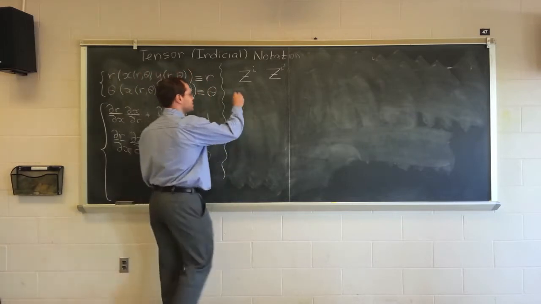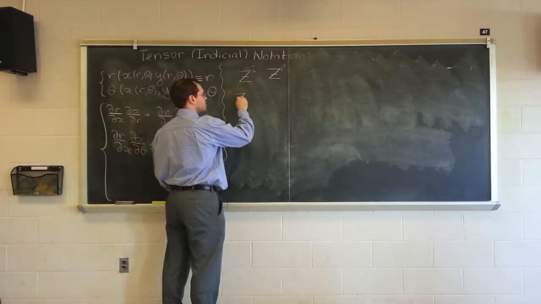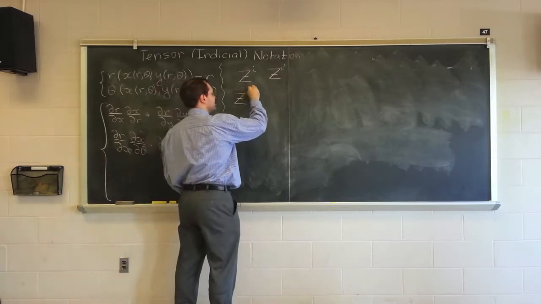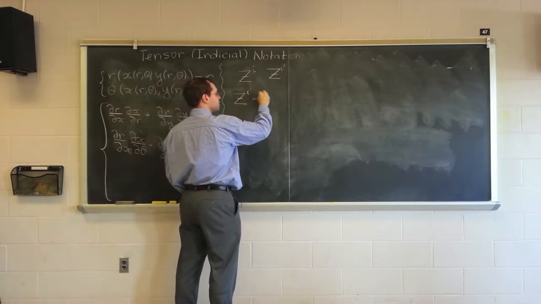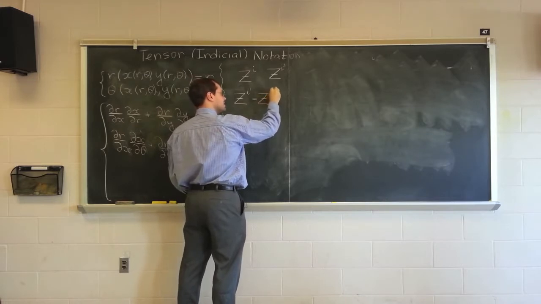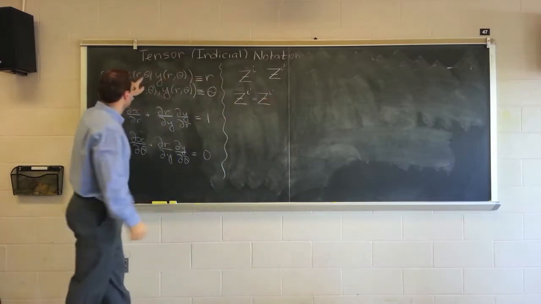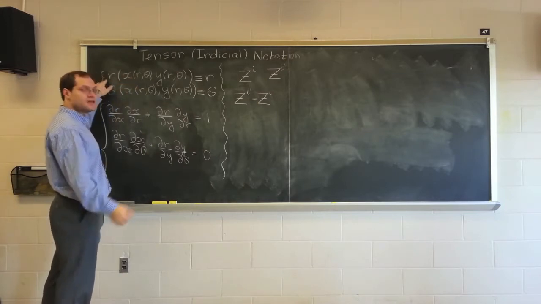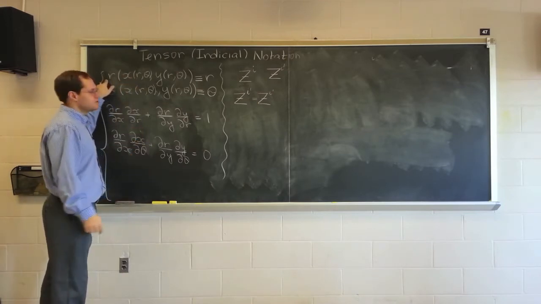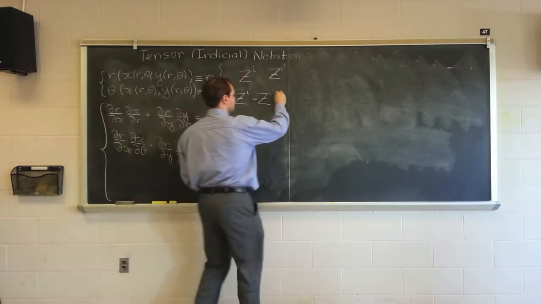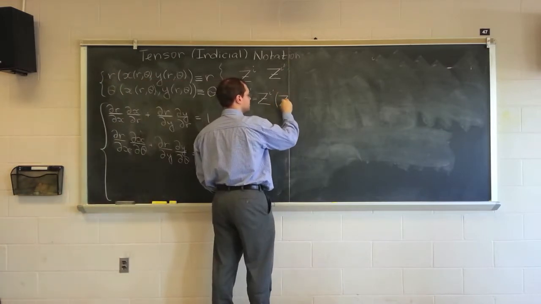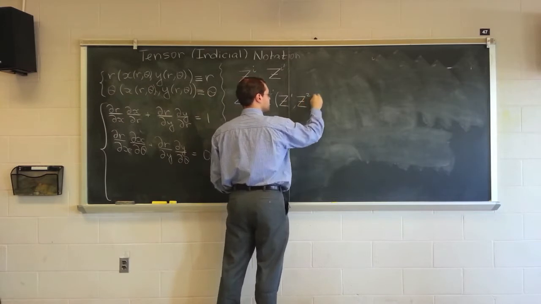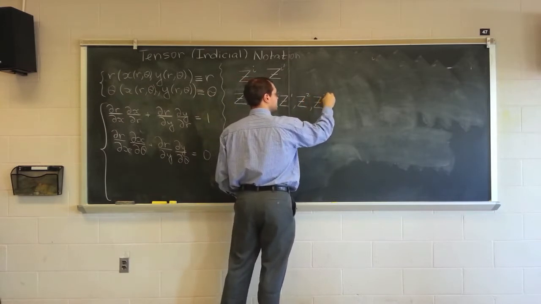So let's do the same thing here. I'm going to write it in 2 different ways. What we're saying is that zi prime is a function denoted by the same letter, just like we did here. R was both the independent variable, but also the function that gives us new coordinates in terms of old coordinates. A function of the old coordinates: z1, z2, z3.